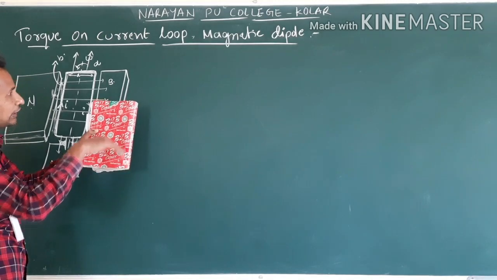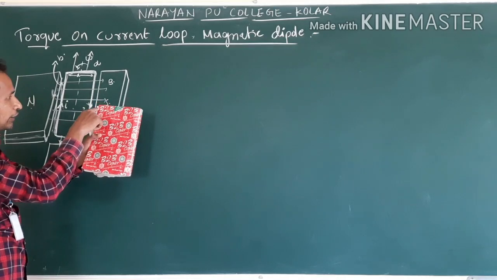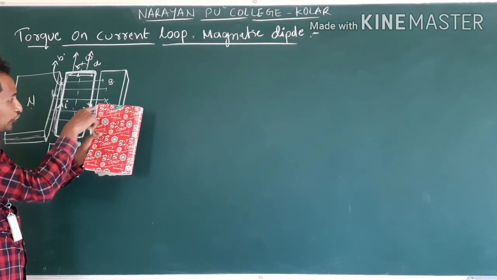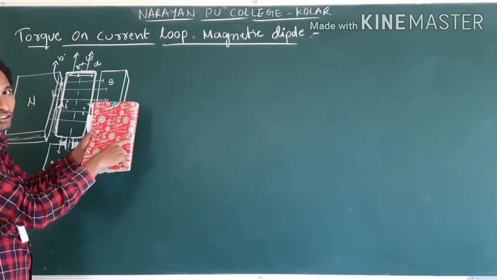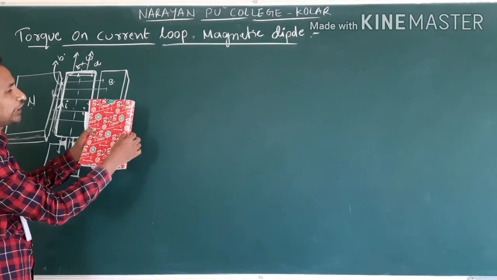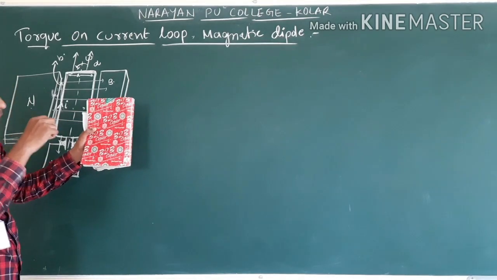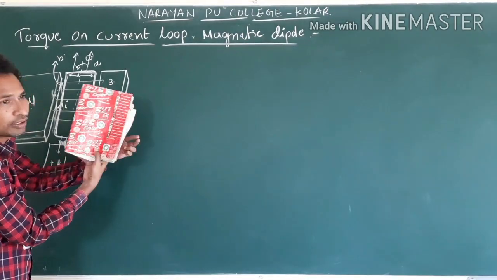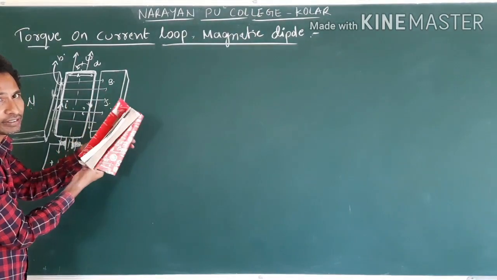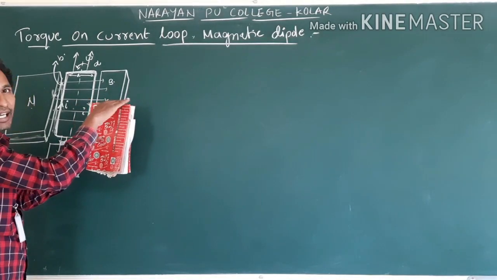Clear? Because the length of the conductor and the current remain the same, the forces acting on these side conductors are equal in magnitude but opposite in direction. Forces acting on these two conductors balance each other.